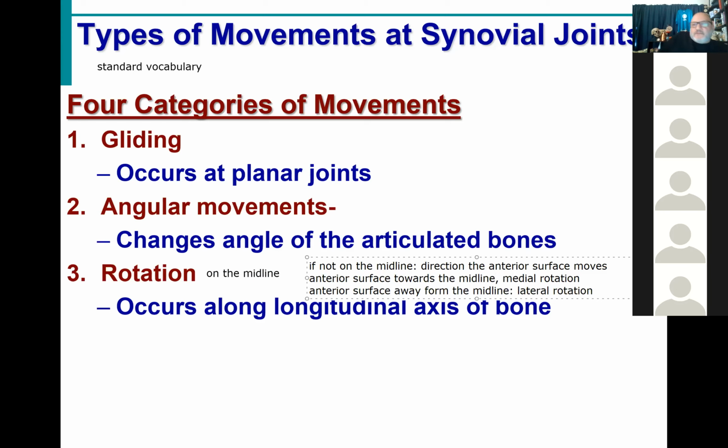All right, so again, on the midline, rotation. If it's off the midline, then I can have a lateral rotation where it moves away, or a medial rotation where it moves towards the midline. All right, questions on that?